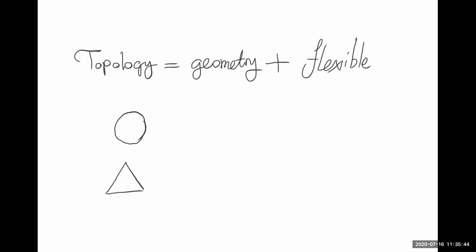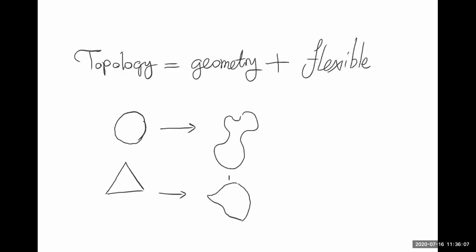In topology, we are allowed to bend this circle to get this thing, and it is still a circle for us. There is no difference between these two objects. Or even if we have a triangle, we can bend the sides and get something like this. It is still the same thing.